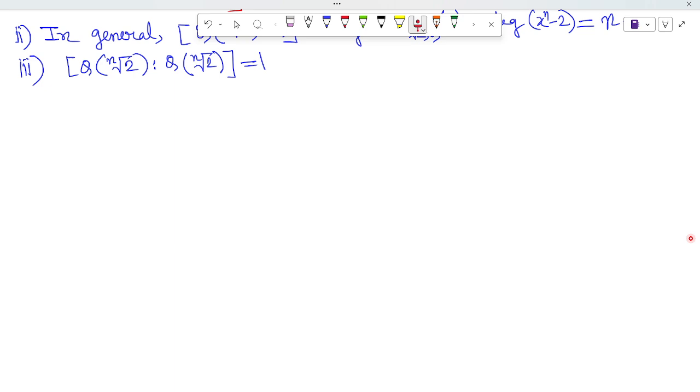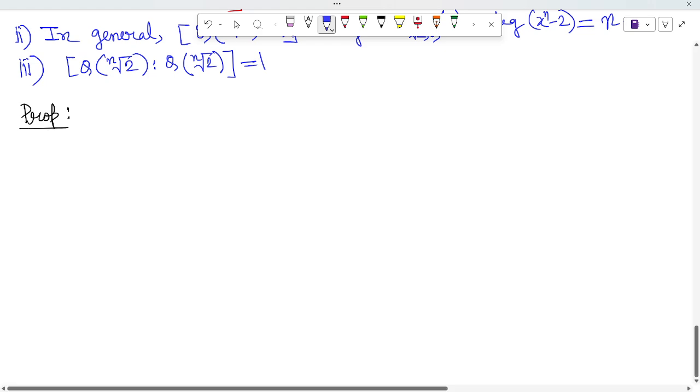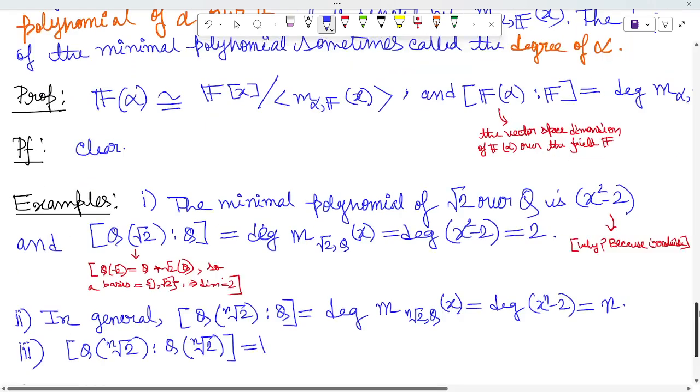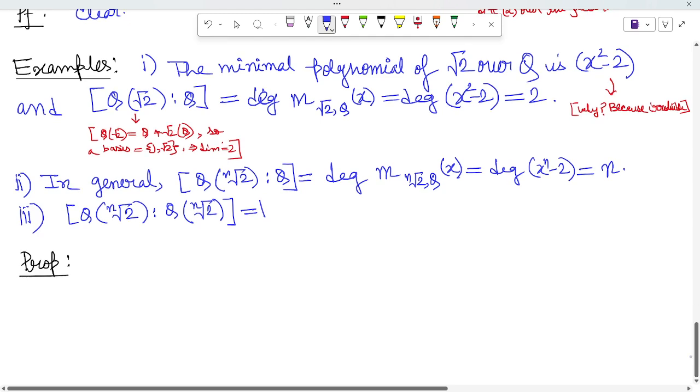Then I need another theorem to conclude this class. Proposition. I have told you that there are some conditions to check whether an element is algebraic or not.